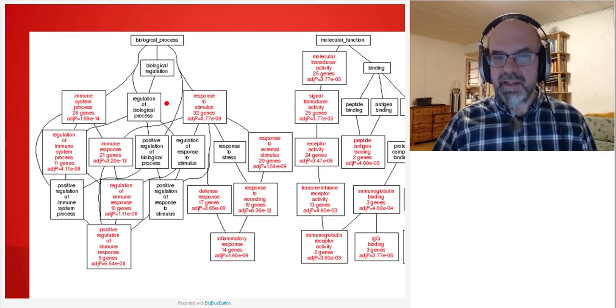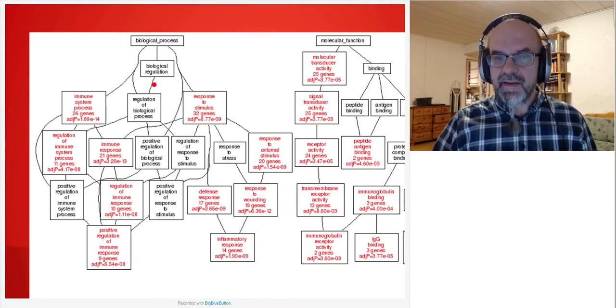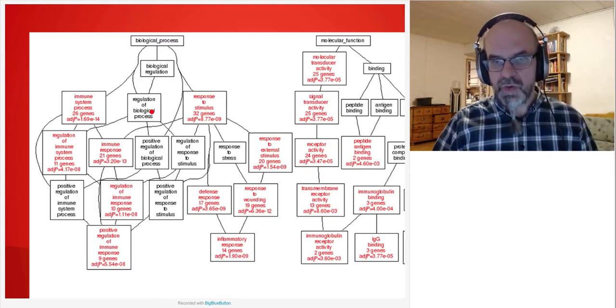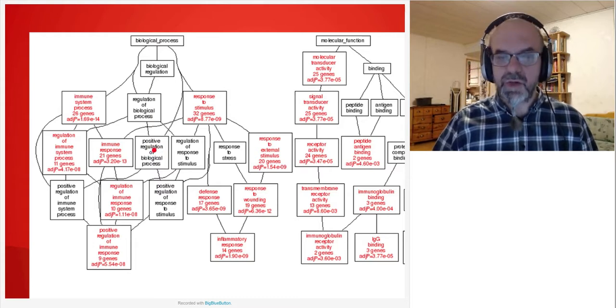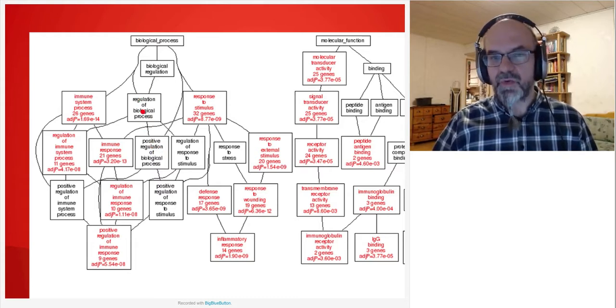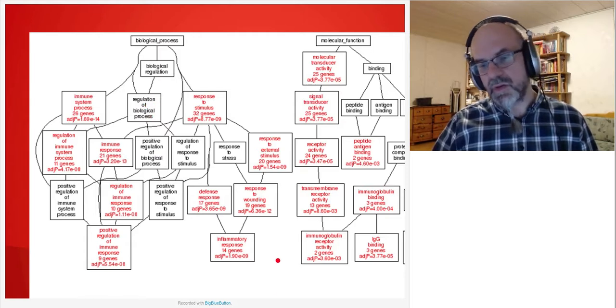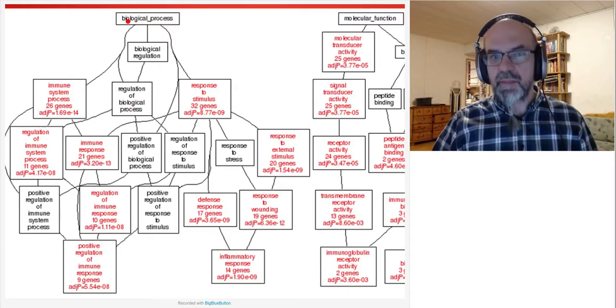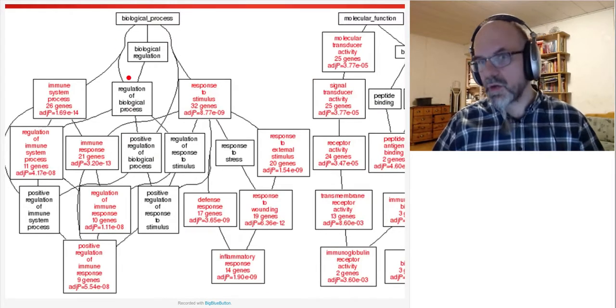But it is important that these relationships have a direction. So for example, a lower level category belongs under, is part of, a higher level category. Although unfortunately it's not shown on this figure, these connections are actually arrows.